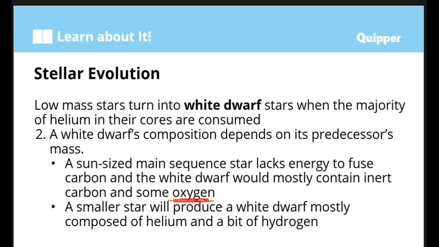A smaller star will produce a white dwarf mostly composed of helium and a bit of hydrogen.